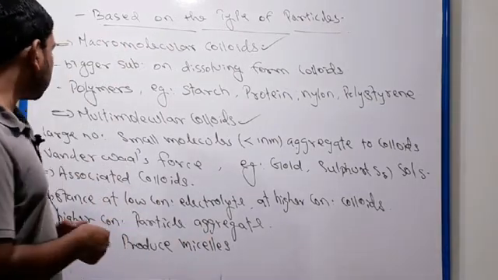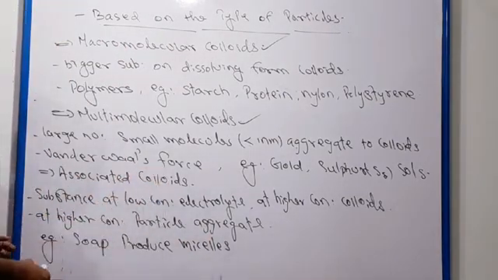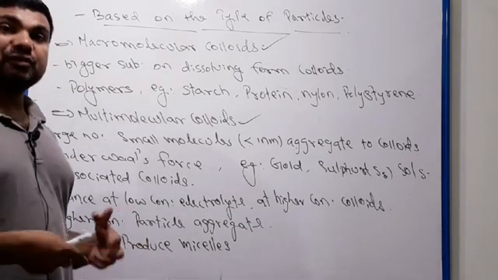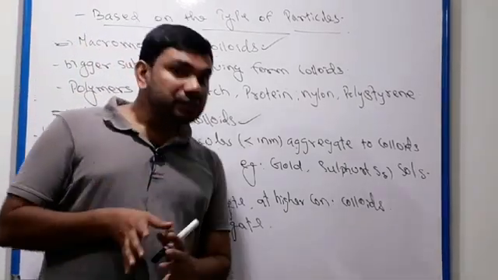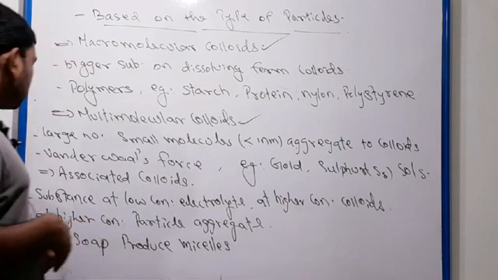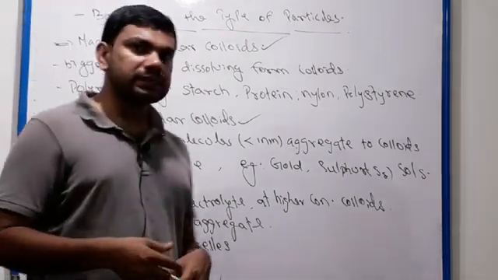Such colloids are called associated colloids. Example: soap. When you mix soap with water, it produces micelles. This micelle is an example of associated colloid. We will study more details about micelles.